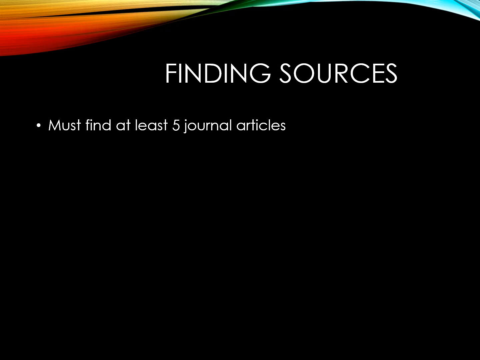So you need to focus your search to published journal articles that are written by scientists for scientists, or written by psychologists for psychologists. Okay, so you need published journal articles.